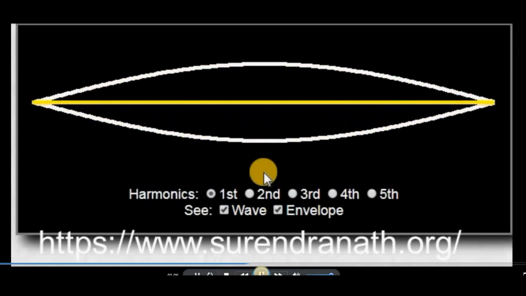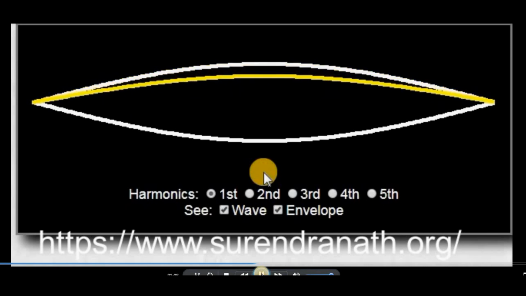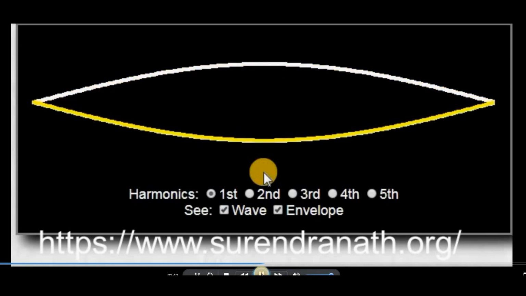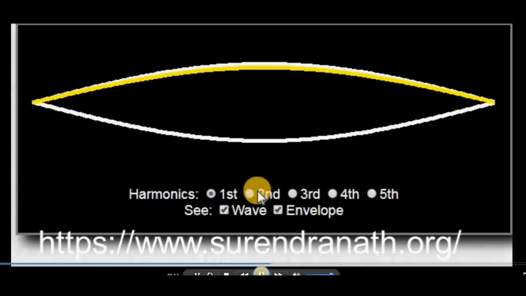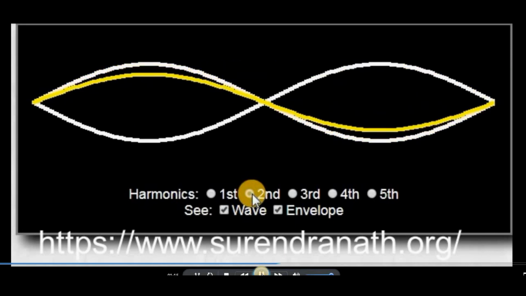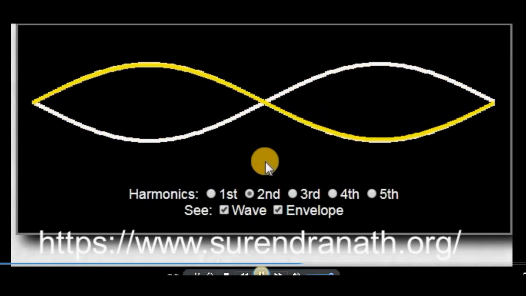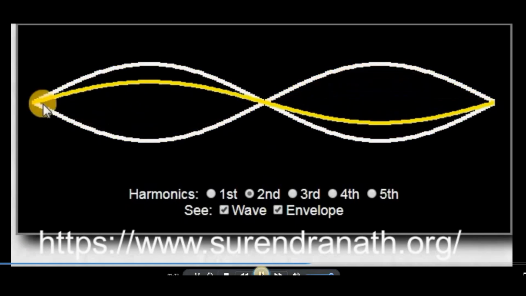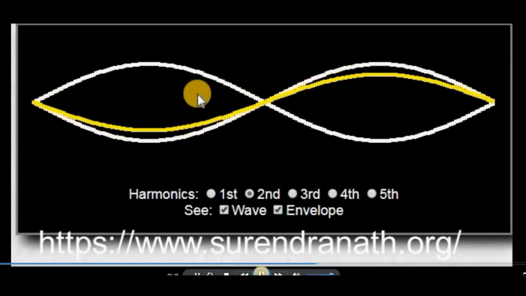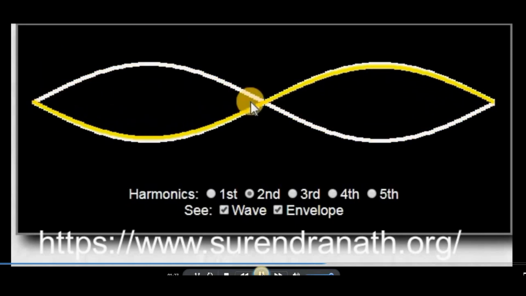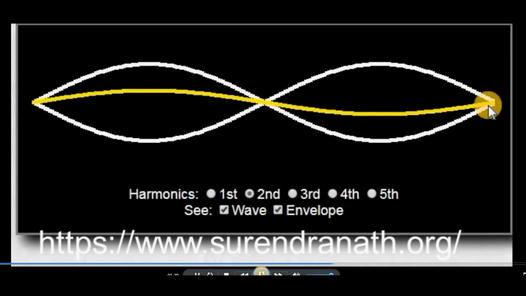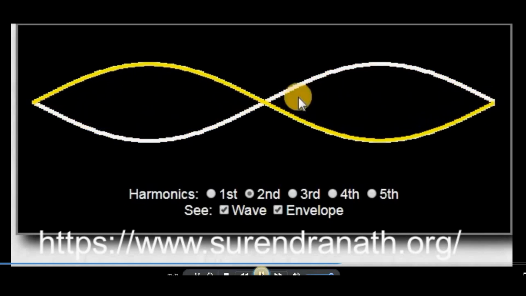Next, if n is equal to 2, what will happen? Now you can see when n is equal to 2, the entire length of the string is converted into one wavelength.